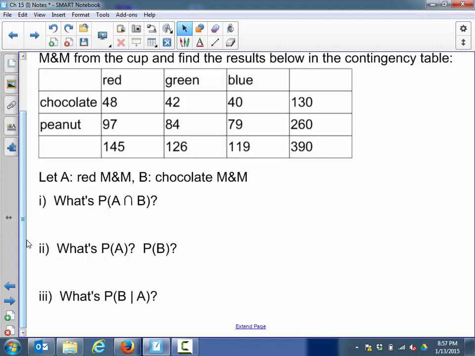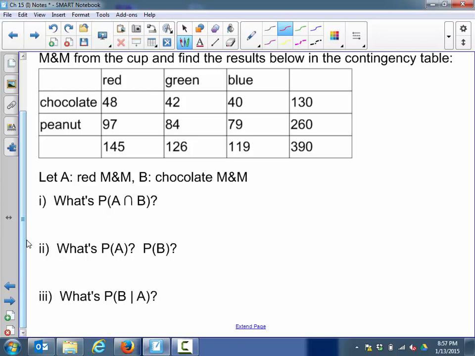If A is the event that we have a red M&M and B is the event that we have a chocolate M&M, so that's two different characteristics for each of those two different variables, what's the probability of A intersect B? That is to say, that we've chosen a red chocolate M&M.